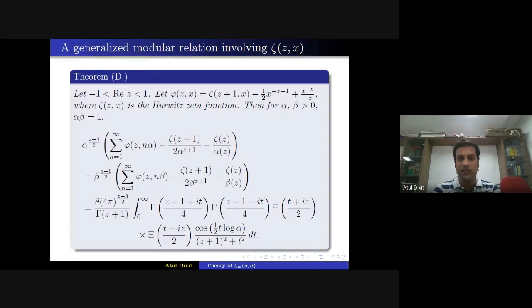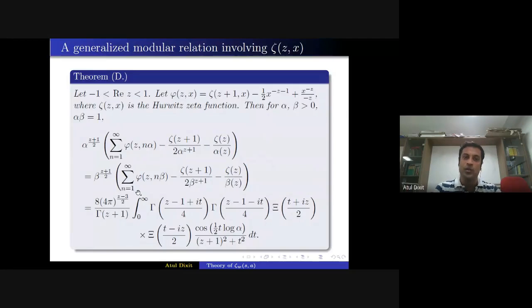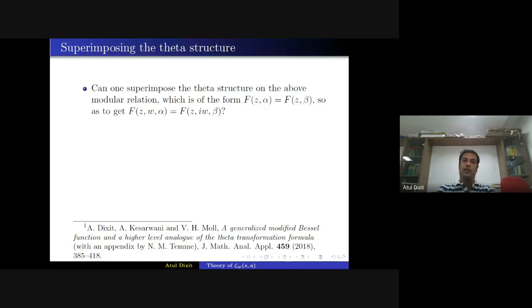So the question that we asked ourselves was, does there exist a more general transformation of this kind where one also has theta structure on it? So where there would be an extra parameter W, and there will be a general function here with an extra parameter W, and when W goes to iW, here you get an invariance. So that's the question. Can one superimpose theta structure on the above modular relation?